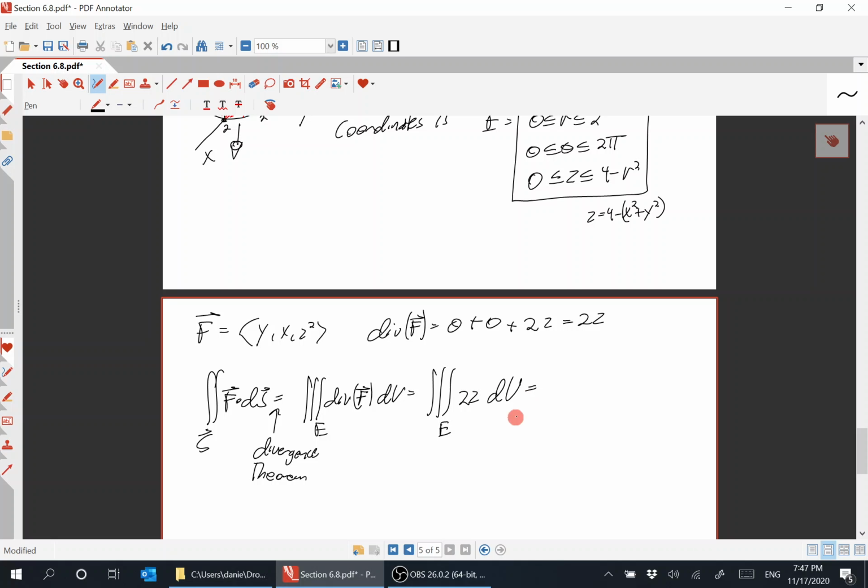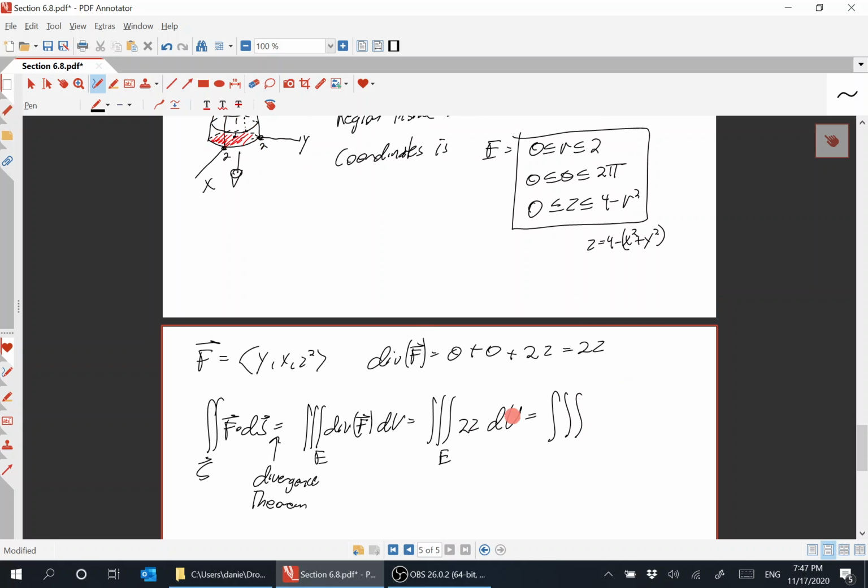Now I'm going to switch to cylindrical coordinates. I've written this in terms of the original coordinates, which are Cartesian here, so now we're going to switch. So that's 2z dz r dr d theta.